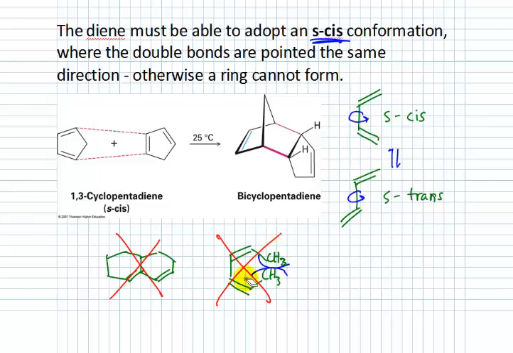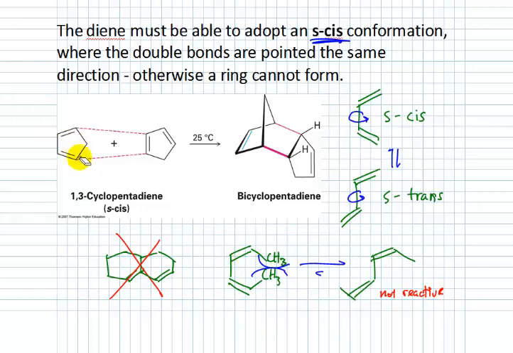This molecule will exist solely in S-trans, which is not reactive to Diels-Alder. So be careful of that.